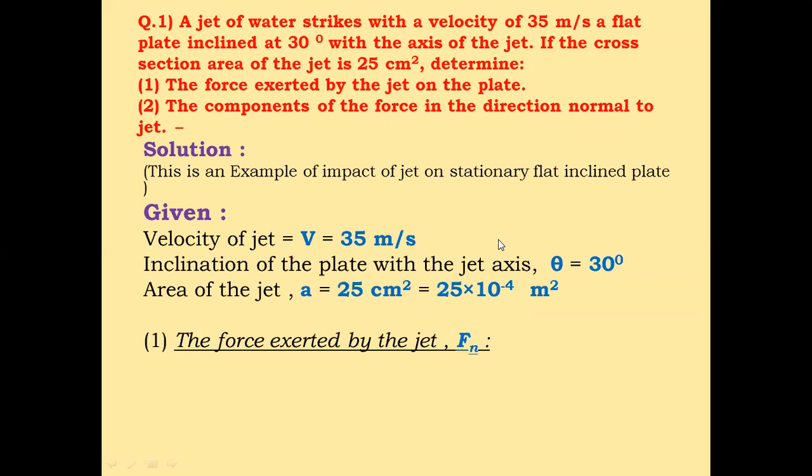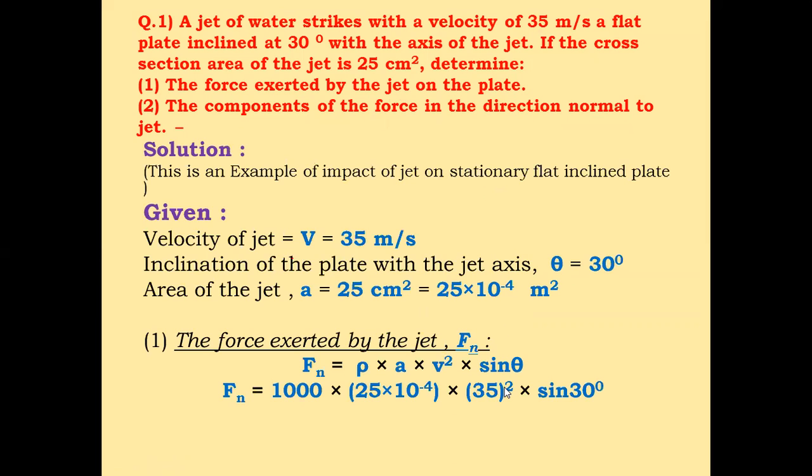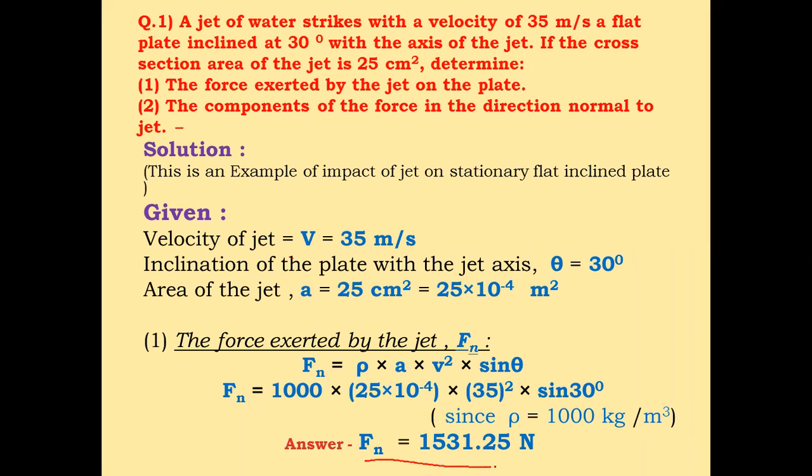So let us just check. Force exerted by the jet, rho a v square sine theta. So the first answer that you got is correct. Fn, that is normal force, is 1531.25 Newton. Next, the component of the force Fn.